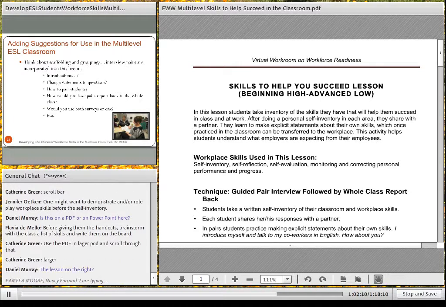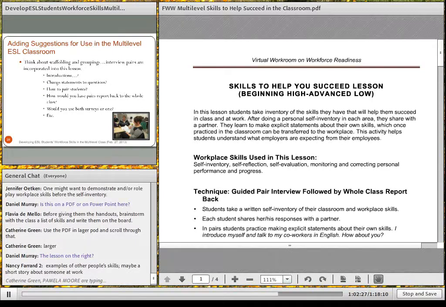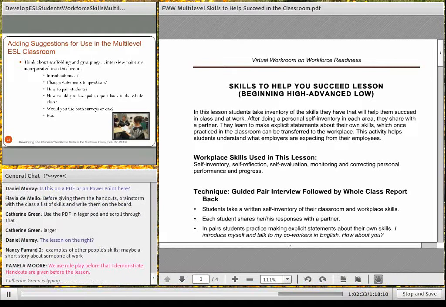Before giving them handouts, brainstorm with the class a list of skills and write them on the board. Exactly. The lesson on the right. This is not on the PowerPoint. There is a PDF, and also you can get it, I believe, in a Word document from the website. And Catherine's going to take you there after we finish with this lesson, okay?